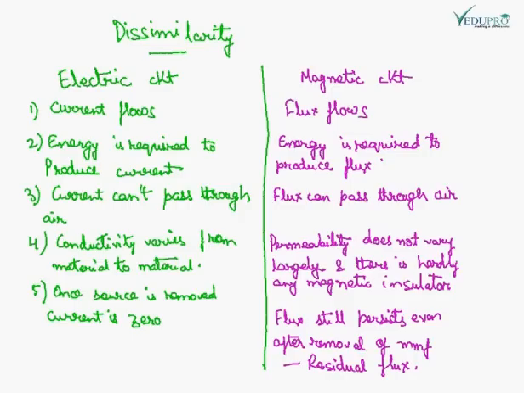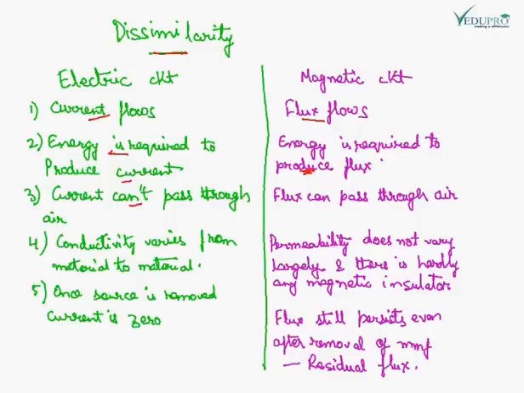Till now we saw the similarities between electric circuit and magnetic circuit. Now we will see the dissimilarities between them. In an electric circuit current flows, and in a magnetic circuit the flux flows. Energy is required to produce current and to maintain the current also. But in a magnetic circuit, energy is required to produce the flux, but no energy is needed for maintenance.